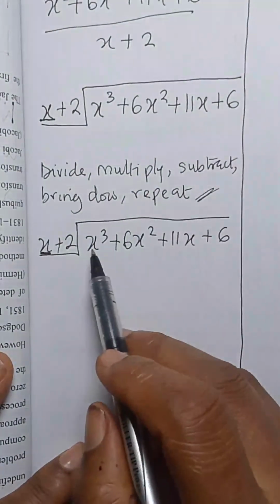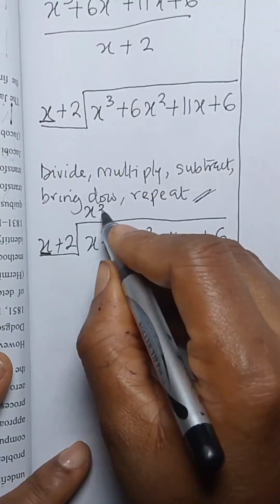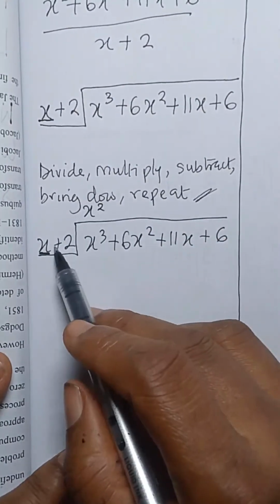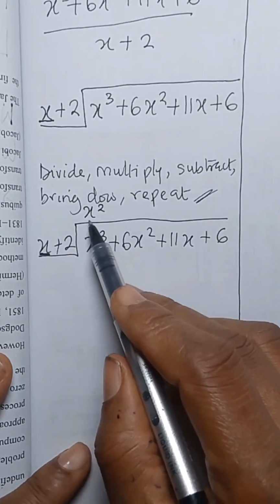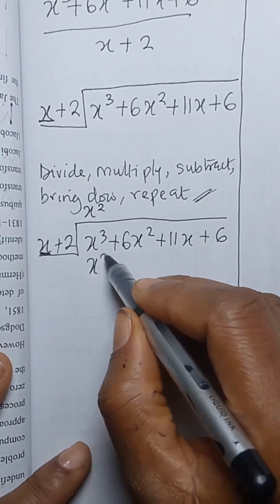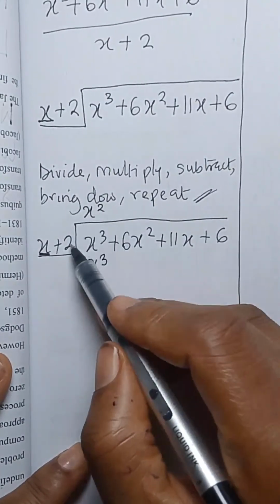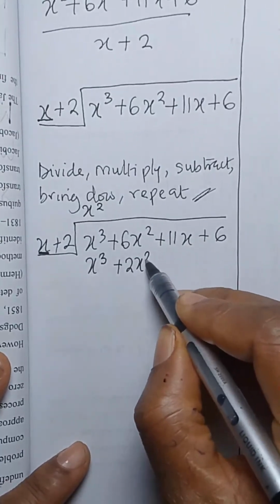Okay. So we have x cubed divided by x will give us x squared. So we use this and multiply both terms we have here. x squared multiplied by x will give us x cubed. x squared multiplied by plus 2 will give us plus 2x squared.